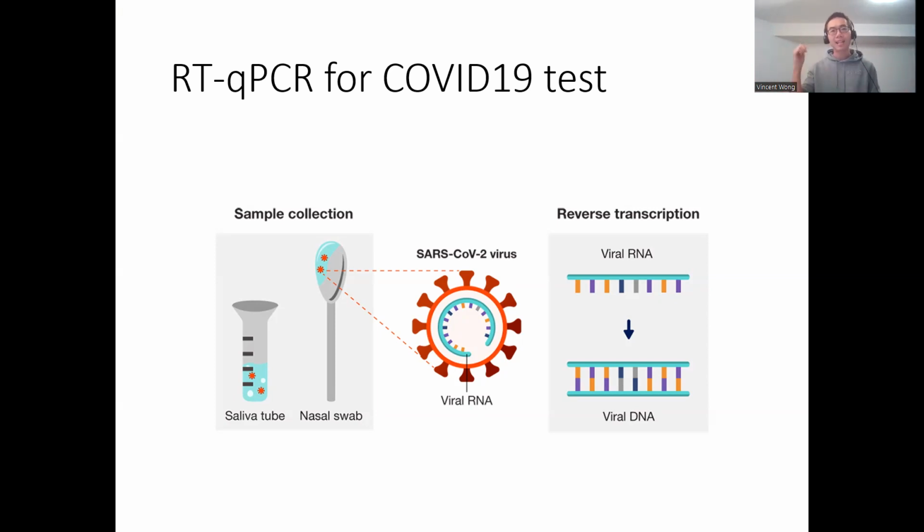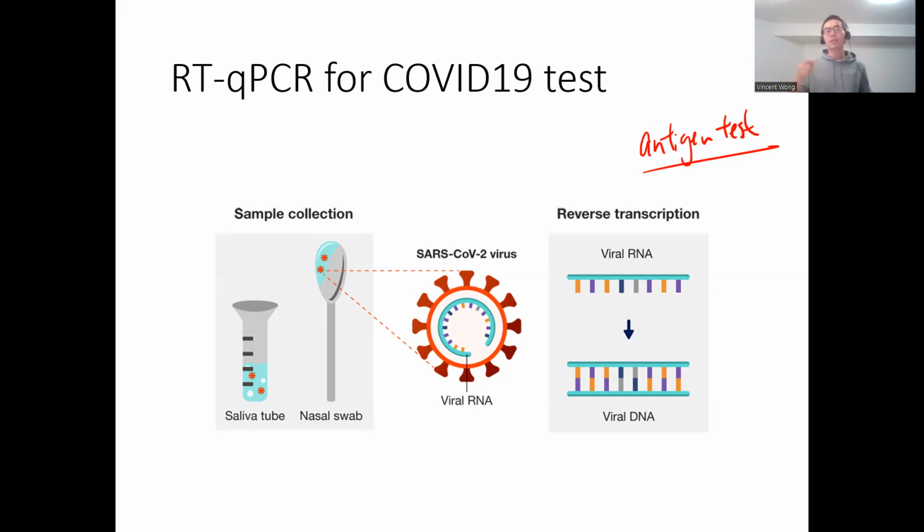There is the antigen test, which is the one that you can do at home. You stick the thing up your nose, collect the sample, and put a little drop on that little tray. Then you see whether you have 1 line or 2 lines. That's an antigen test.